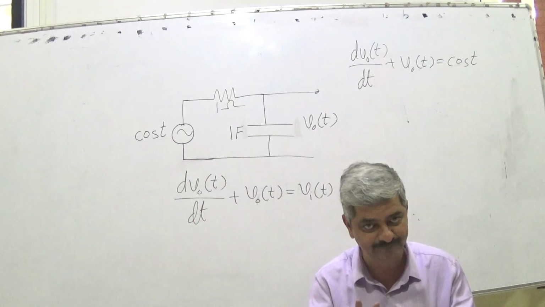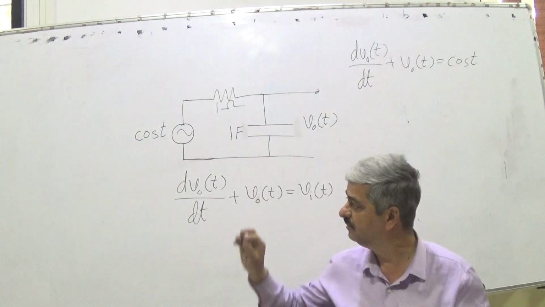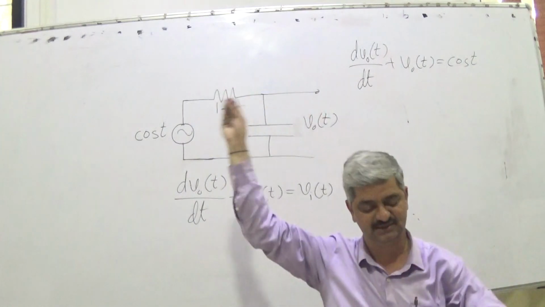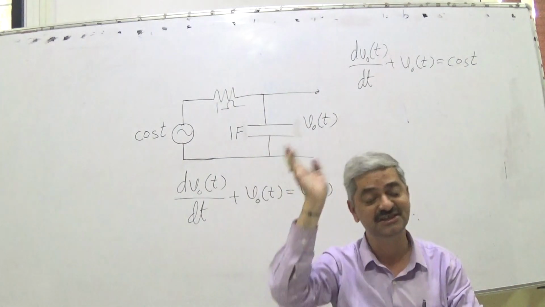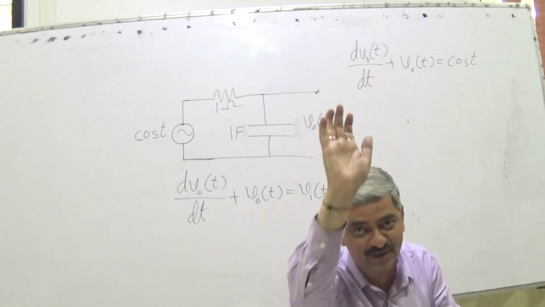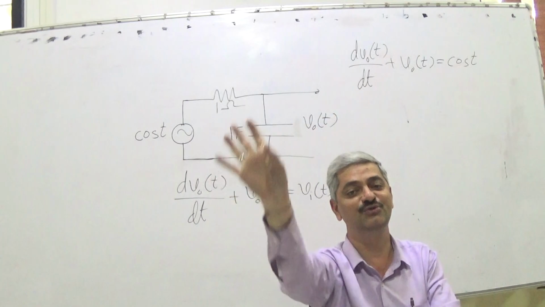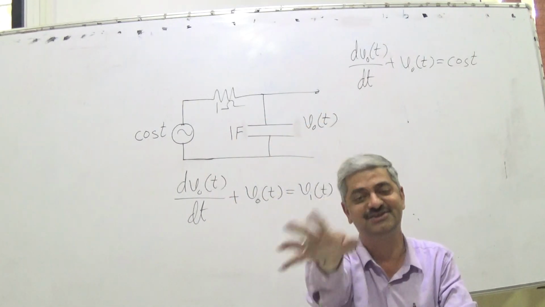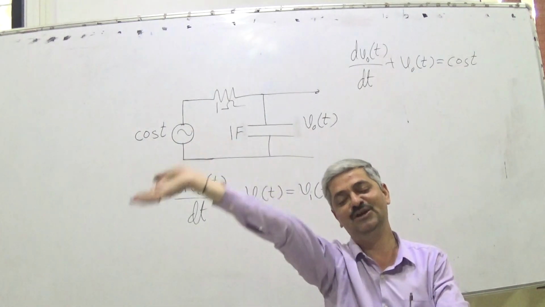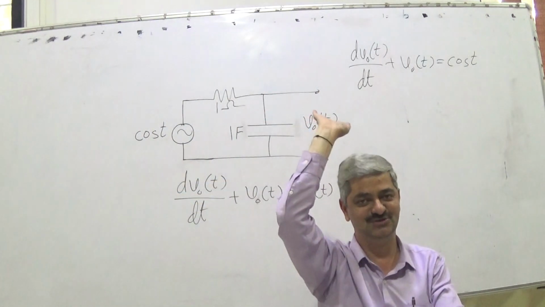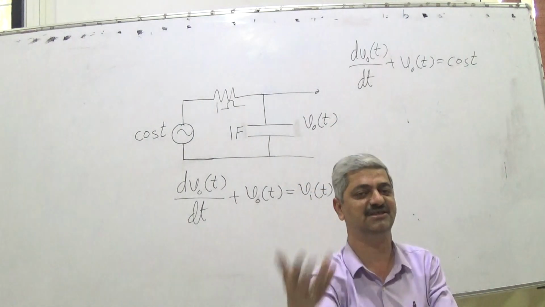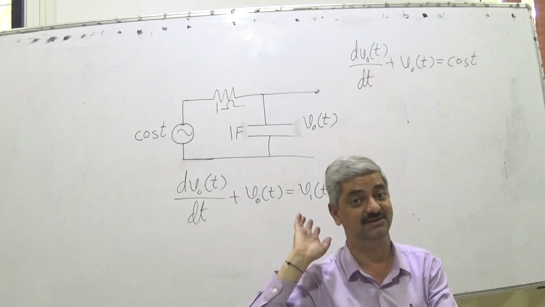We are working on a very simple circuit: 1 ohm resistance, 1 farad capacitor. Initial condition you may assume any. You give one function which satisfies the equation, and then if you put t equal to 0, that would be the initial condition. That's all. So I am making things quite simple, quite straightforward, but still the job is difficult.